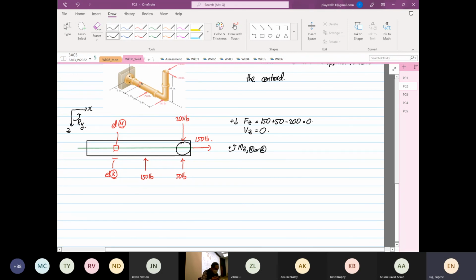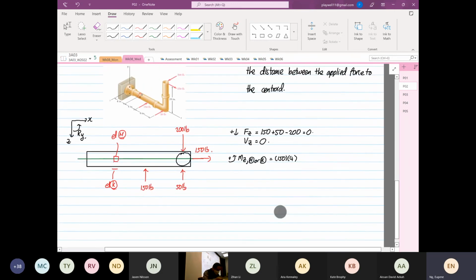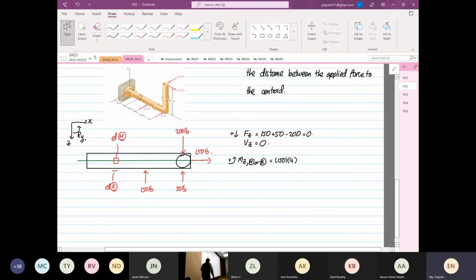So what is the perpendicular distance? We know that the 150 is going to be multiplied by 4 and it's positive. The 50 is also going to be positive multiplied by 10. If you can see the geometry up here, this is 4 and 6.